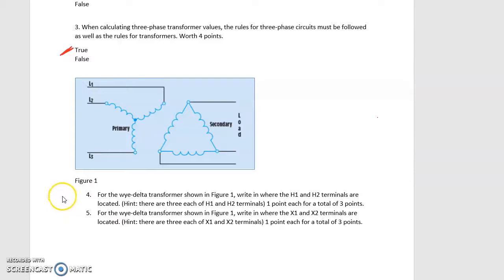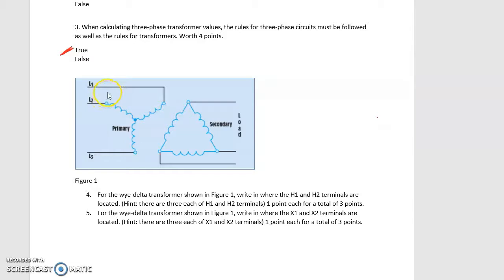For number 4, we need to write in the H1 and H2 terminals. The H terminals are on the primary side of a transformer, and the 1s are where the input voltage is connected.